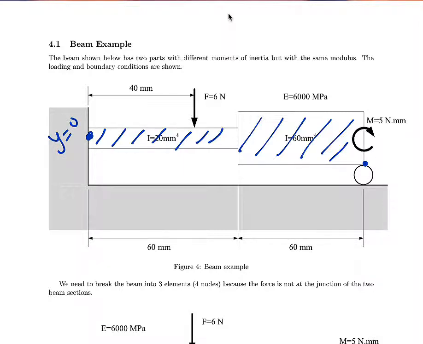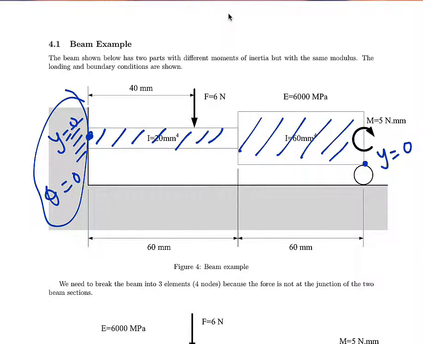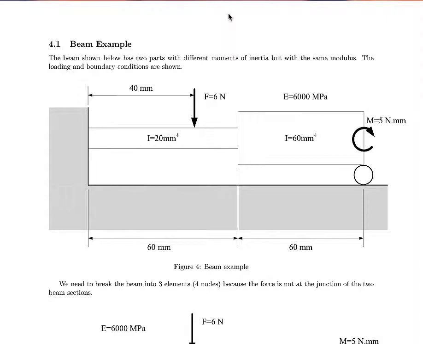Also on the right hand side, y will be equal to 0 because it's simply supported. Now, since this is a wall support, we also expect that theta is equal to 0 on the left side. So these are left boundary conditions. This is the right boundary condition. And the loading vector is expanded: I have the force, which is 6 newtons, and also the moment applied here, which is 50 Newton meter.